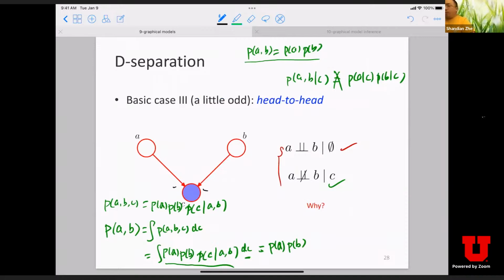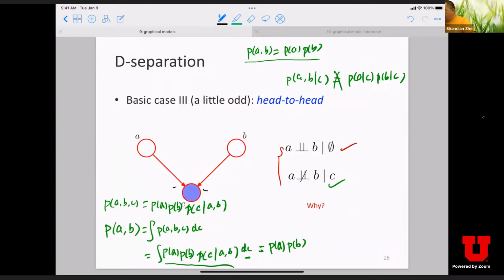In other words, A and B are both parents of C. And in this case, we arrive at an opposite conclusion to the previous two cases. That is, if we condition on nothing, meaning that C is unobserved, then A and B are independent. However, if we condition on C, then A and B are dependent.